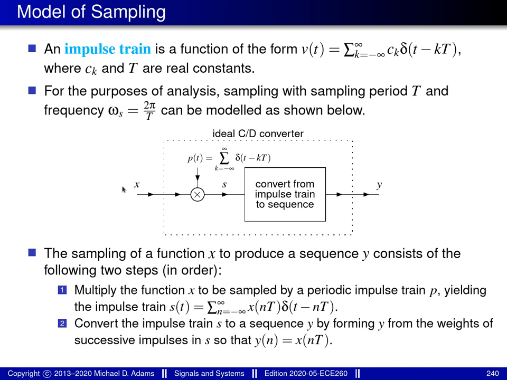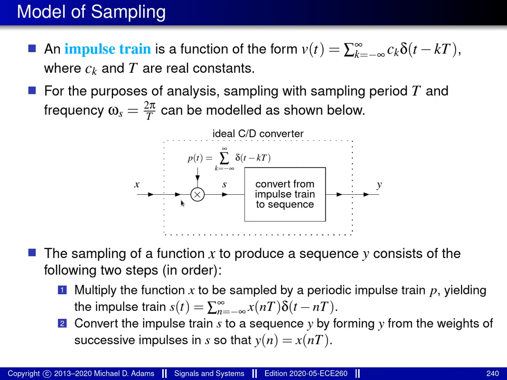The input of the system, which is denoted as x, corresponds to the function to be sampled, and the output of the system, which is denoted as y, corresponds to the sequence produced by the sampling process. The function p, which internally appears as a signal inside the system, is a periodic impulse train with period capital T.